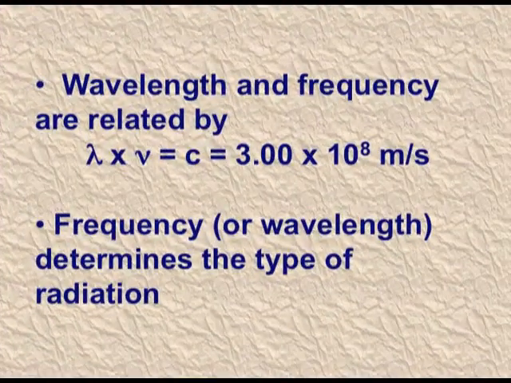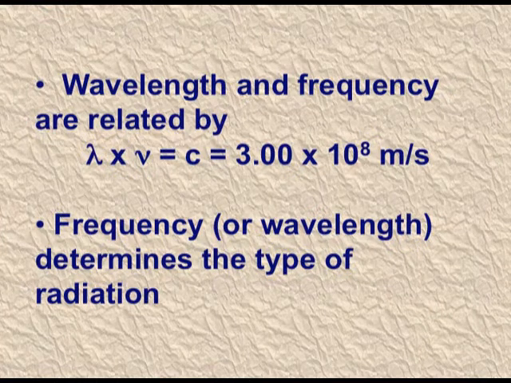Wavelength and frequency are related as λν = c, and c is equal to 3 × 10^8 meters per second. Frequency or wavelength determines the type of the radiation. This Maxwell's concept helped Bohr a lot.